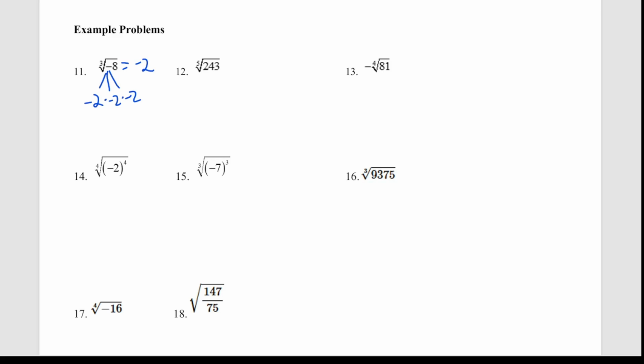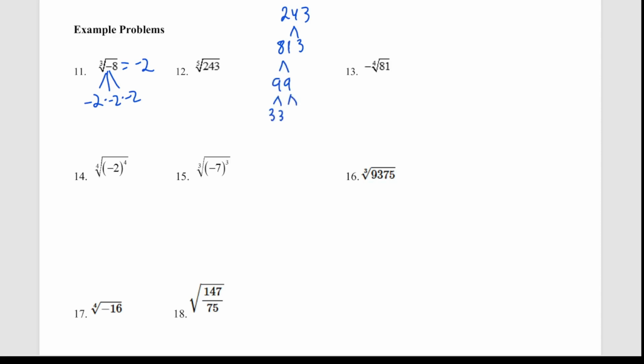For the fifth root of 243, we're looking for something times itself 5 times to give us 243. And for these higher power roots, this is where I like to break out factor trees. I know in particular that the number 3 is going to go into 243 because all of the digits add up to a number divisible by 3, in this case 9. In particular, 81 times 3 is going to give us 243. 81 further breaks down into 9 times 9.